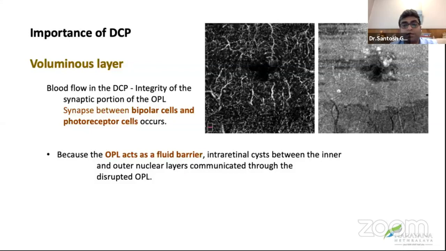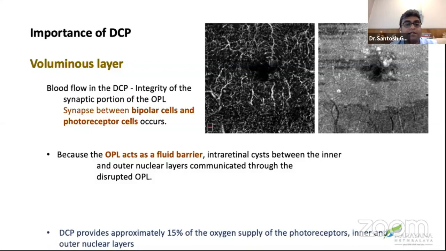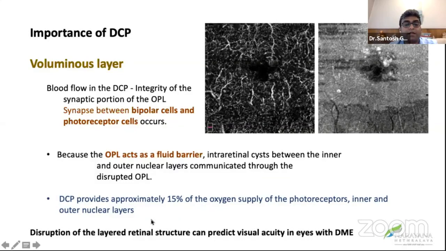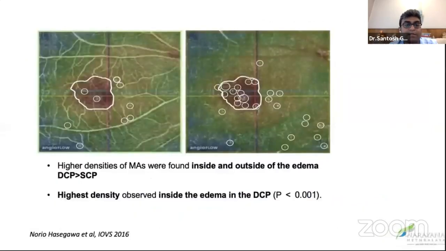But once this is breached, they communicate, and it results in a non-responding DME. And DCP provides 15% of oxygen supply to the photoreceptors, inner and outer nuclear layers. So disruption of this layered structure can easily predict the outcome of diabetic macular edema.